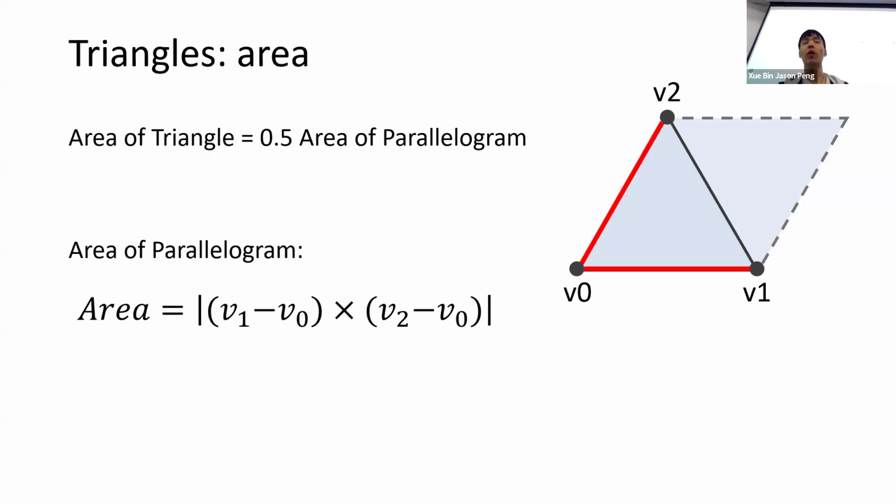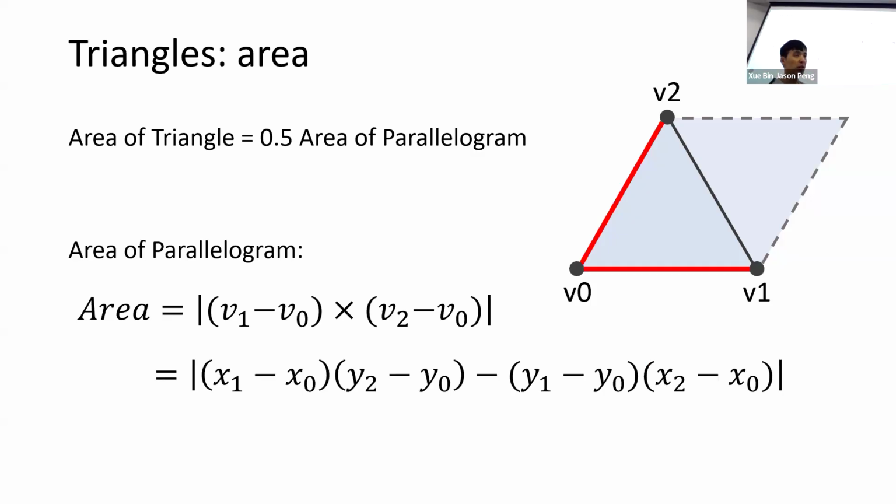And we can take the cross product between these two vectors, which is given by this formula here. Because we are in 2D, the cross product of two 2D vectors is given by: X1 minus X0 multiplied by Y2 minus Y0, minus Y1 minus Y0 multiplied by X2 minus X0. You just plug into this cross product formula, and it gives you some value back.